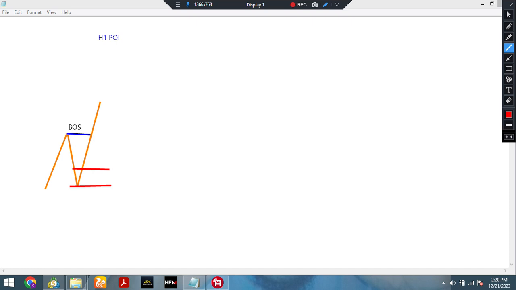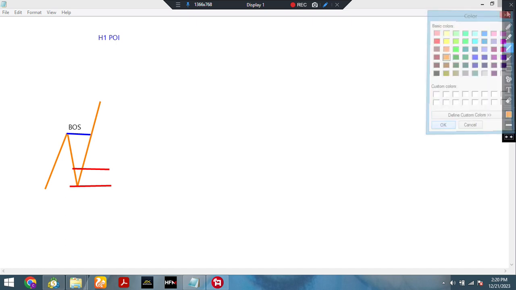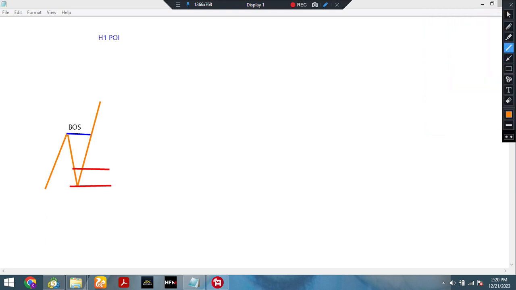So this time you don't do anything, you just watch. What you'll be waiting for is you want to see price come back to this zone, approach this zone. That is what you want to get next. So you'll be waiting for price to do something like this, to come back into this zone.